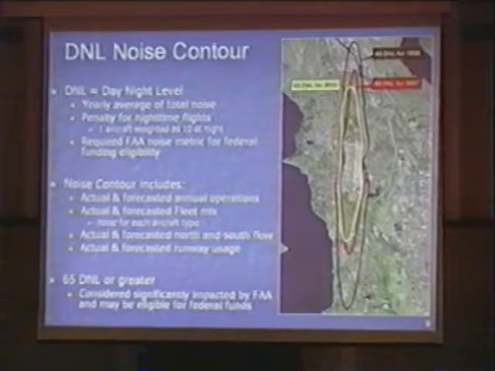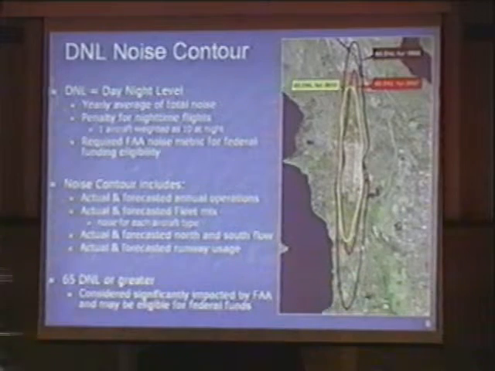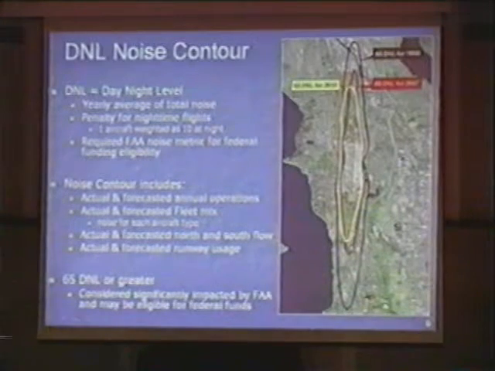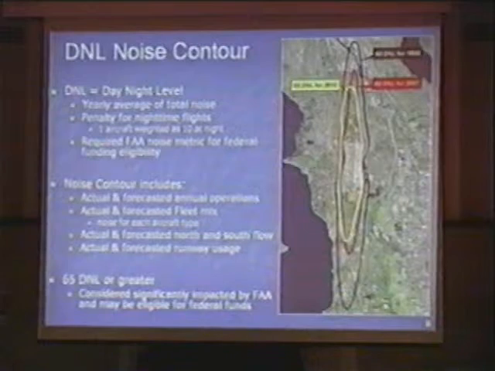What I'm pointing out here is in 1998, the black line represented our noise contour for that year. In other words, we had a lot of noisy aircraft flying in and out of the airport, and we had many, many more operations at the airport. So that noise contour was huge. When we took a look at the 2007 noise contour, this was from real operations. We had looked at everything that's flying in and out of the airport.